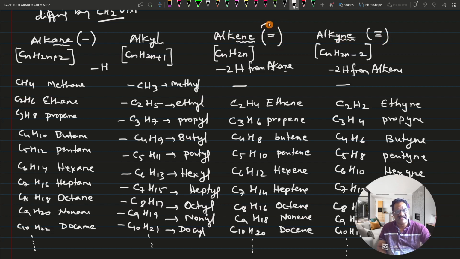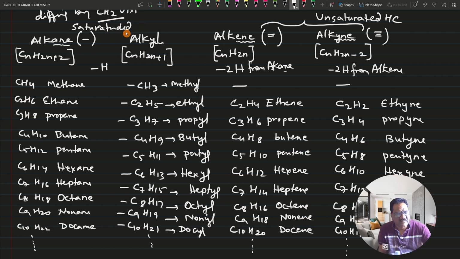These alkenes and alkynes, that is double bond and triple bond hydrocarbons, are together known as unsaturated hydrocarbons, and alkane is something which is known as a saturated hydrocarbon. I just told you before starting with this, saturated, we write it correctly.